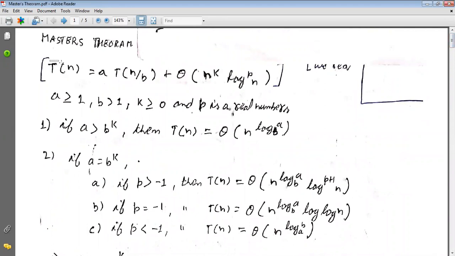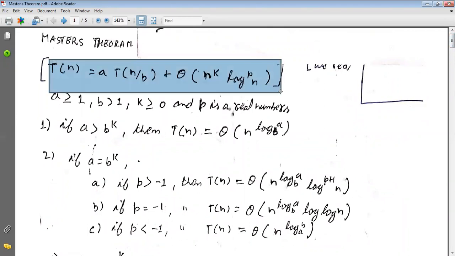The master theorem says that if your recurrence relation is in this form, T(n) = a T(n/b) + theta of n to the power k log n to the power p. Here the important point is this logarithmic value, log of n to the power p.